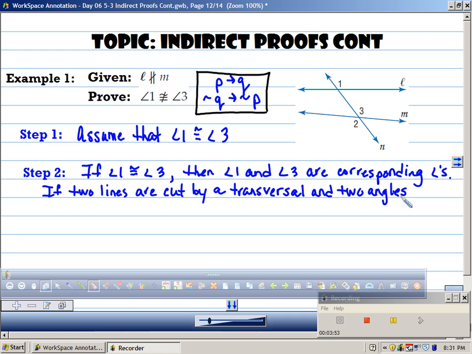How about, and specifically, corresponding angles, that would make more sense.